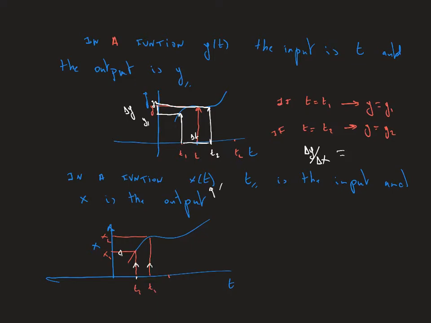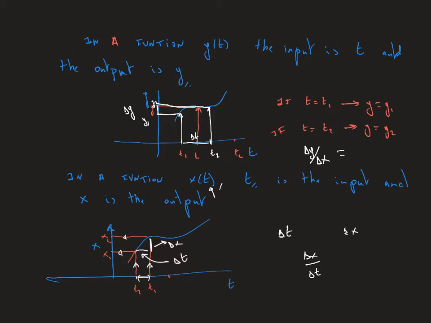When you are at t2, it would produce an output that will be x2. And I want to make a relation between this delta t and delta x. So once I find the relation, I can find delta x divided by delta t.